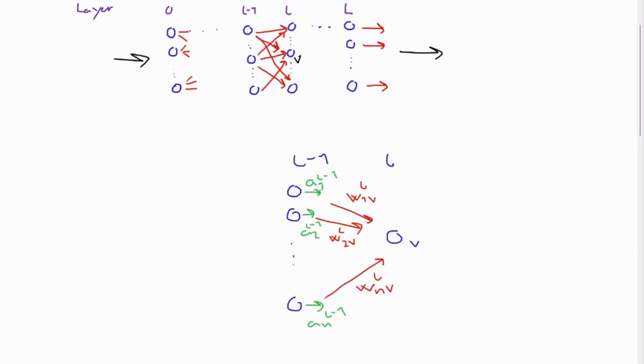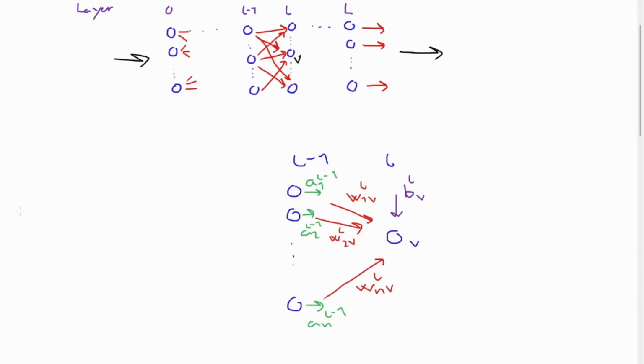And so what we do is we take all these scaled activations, we add them together, and then we add an additional quantity, which is referred to as a bias term. So the bias term will be denoted as b_v^L, which is the bias for the vth neuron at layer L. And this bias term is added directly to the neuron.